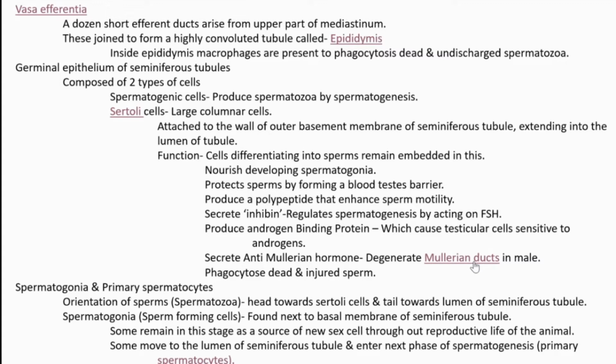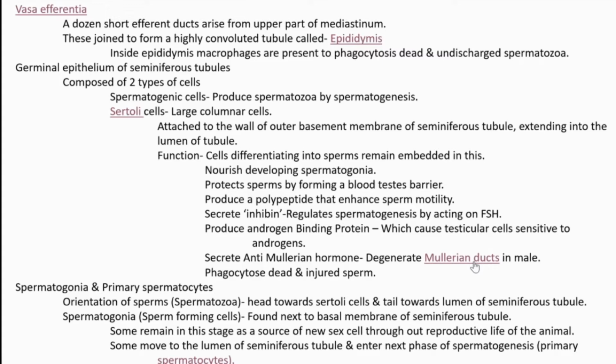So it's a wonderful thing that if that modification doesn't happen, normally all babies are female. As the testis develops, if such a hormone emerges and the Mullerian duct is degenerated, only then does the baby become a male baby. Otherwise, that baby may develop female genital structures.